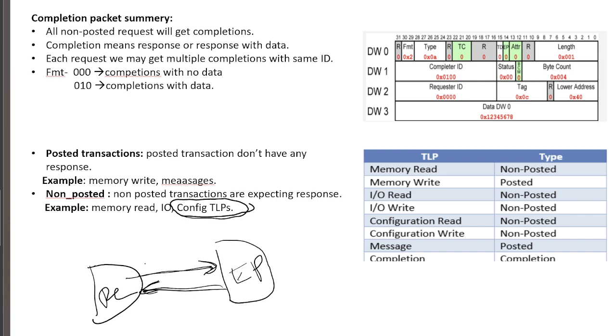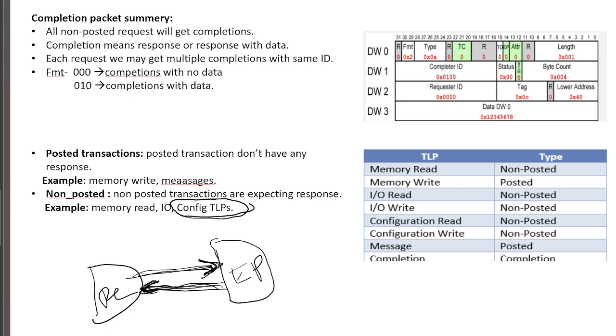Let's say I want to send a configuration read request. Every device uses the configuration TLPs we have. We will read 32 bits of data, so it's very small data. Whenever you send the transaction, you will get the data as configuration TLPs, which shows what configuration space is present in the endpoint.